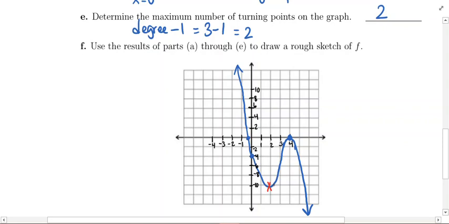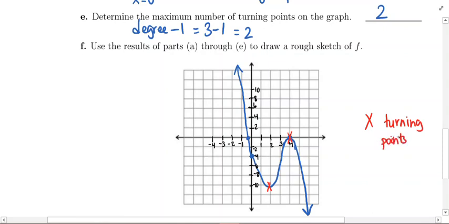This is going to be a turning point. Then we start increasing, and then here we start decreasing for the rest of the time. So we have 2 turning points. I'm going to write this here: this is a turning point. You can't have more than 2 turning points, or you'll have to redraw your graph.